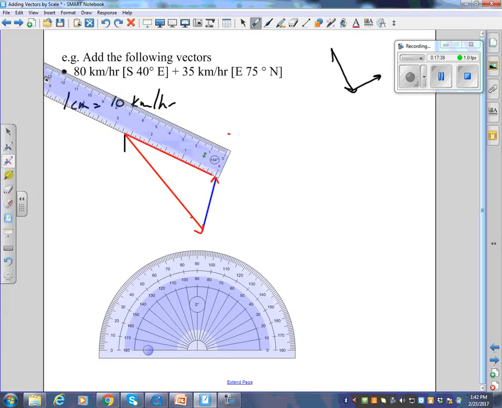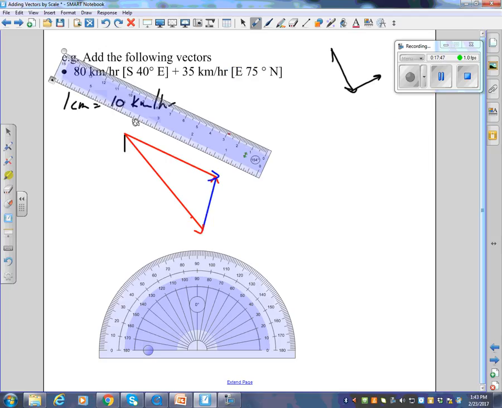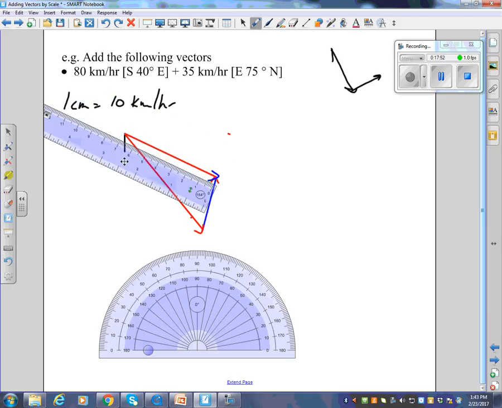Oh, I shouldn't have done it in red. And I'm going this way. And how long is it? Well, that's inches. I got about 6.8, 6.7, something like that.